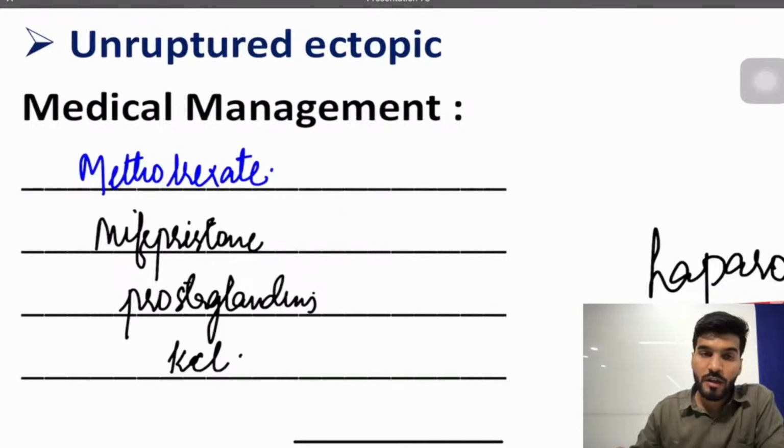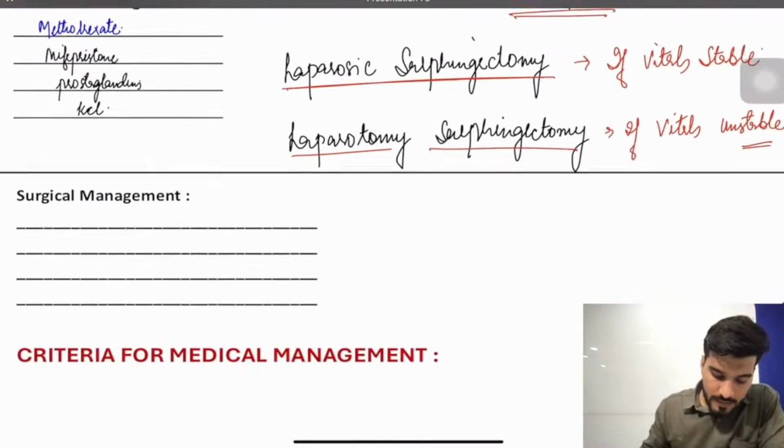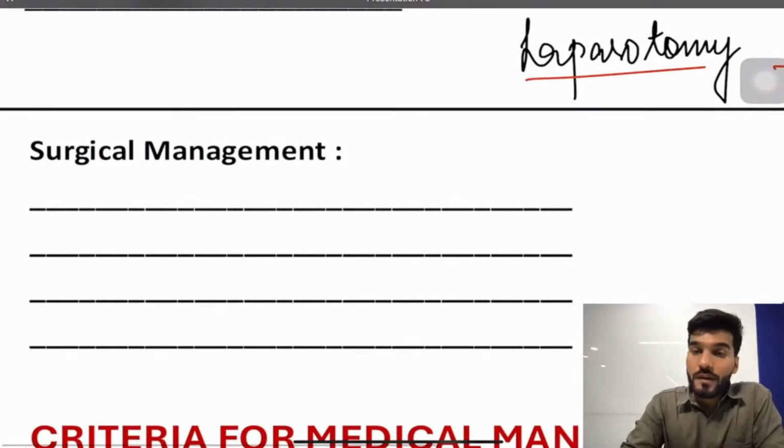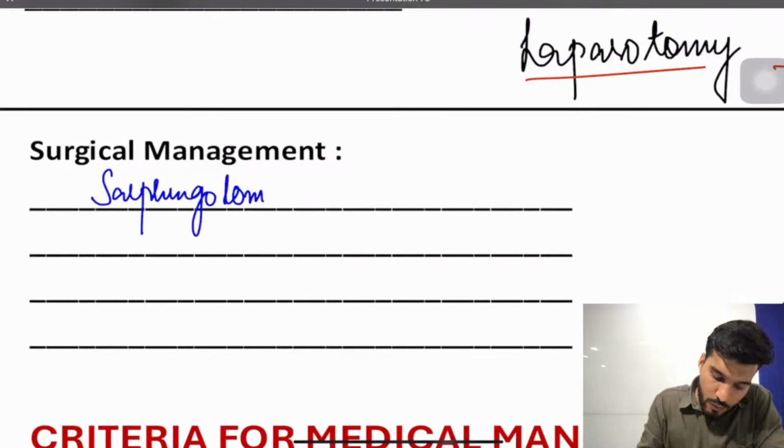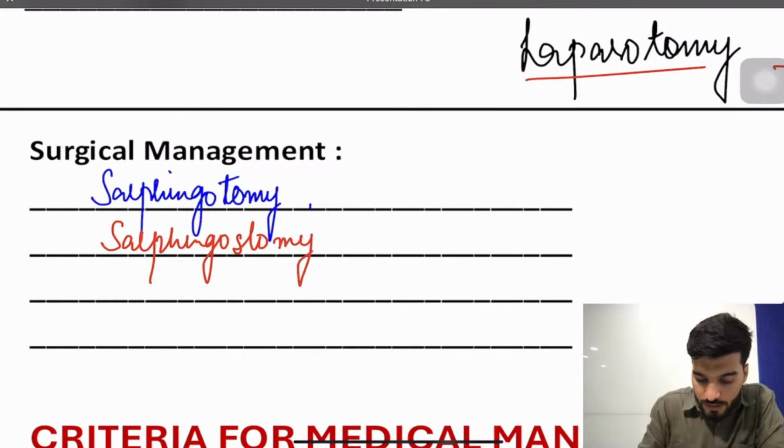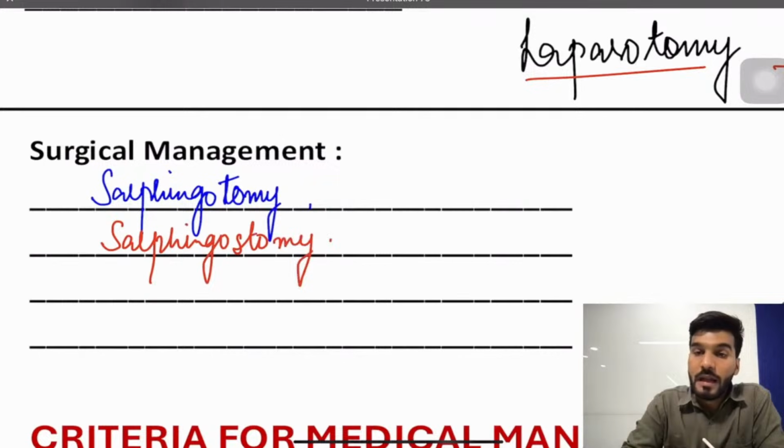Now, what are the surgeries that we do for an unruptured ectopic pregnancy? Number one, we can go for salpingotomy. Number second, we can go for salpingostomy, depending upon whether we suture or not after taking out the ectopic.